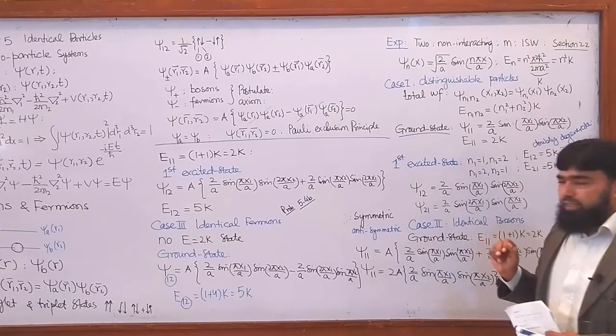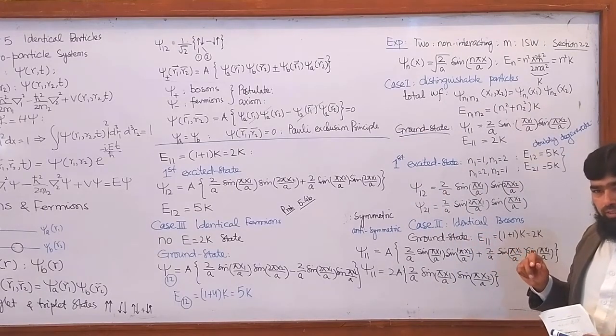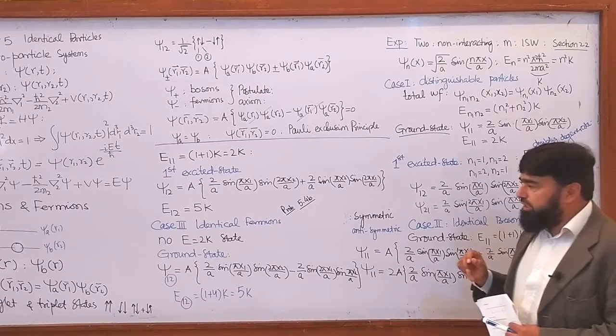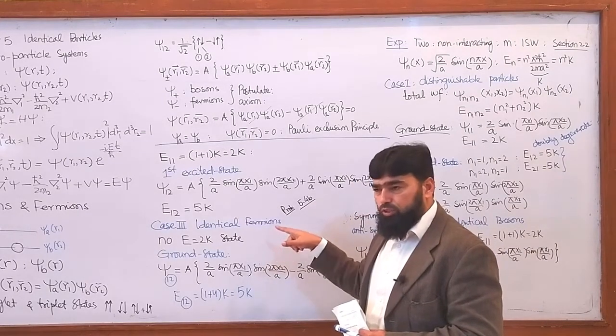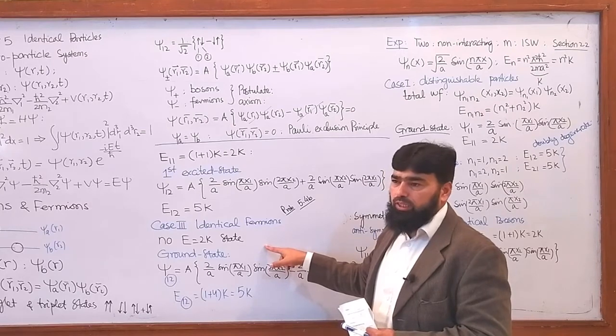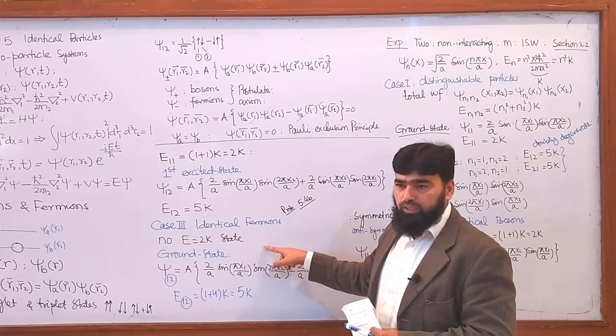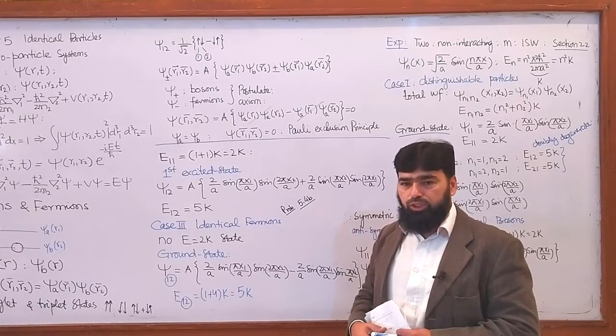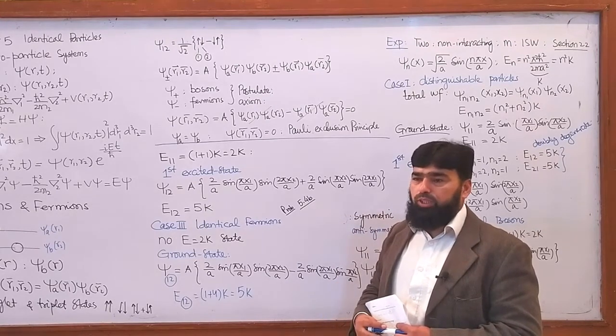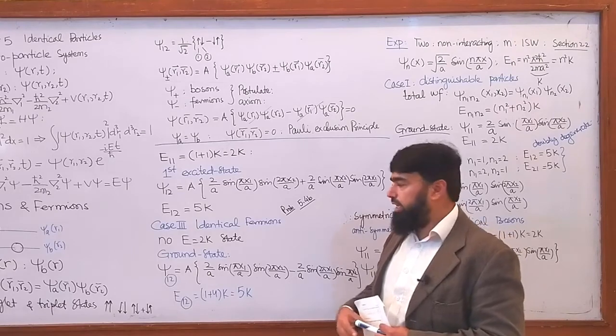And why? What's the reason? The reason is that two fermions don't like to sit on the same bench. As you sit two or three on one bench, fermions will always sit alone in a given state. Clear?